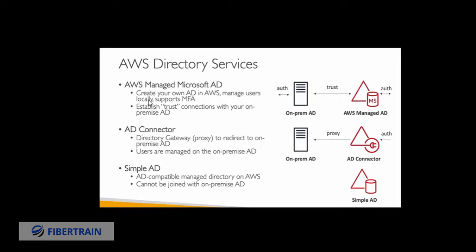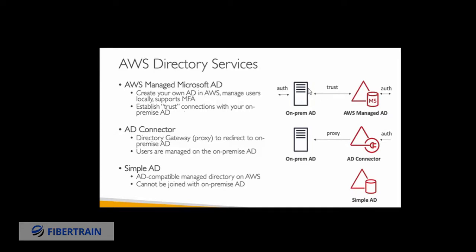So it means that if you create AWS Managed Microsoft AD, you should be able to use it to authenticate your users that are even locally on the on-prem. It supports multi-factor authentication, where you enter your username and password, and you're expected to get a one-time password, which is a secondary authentication.